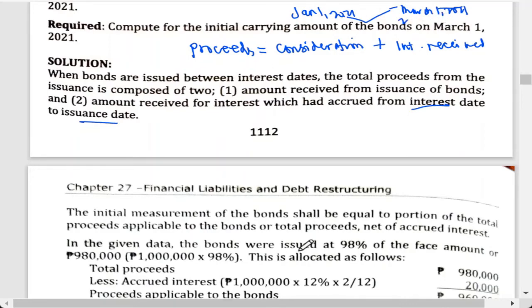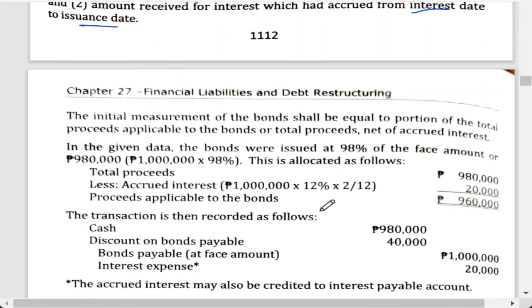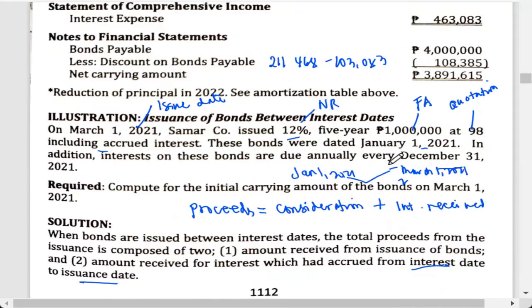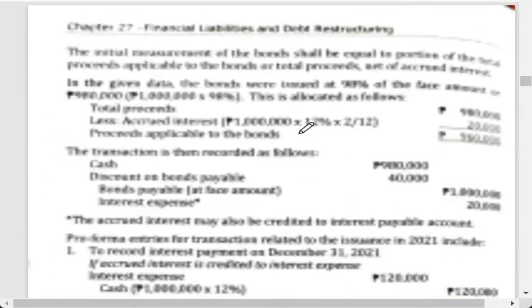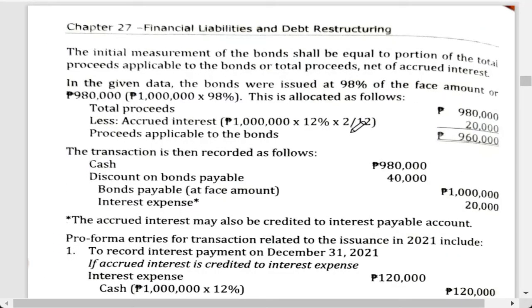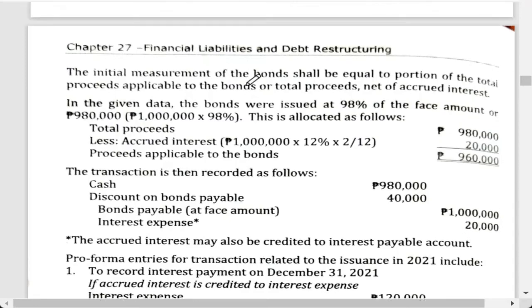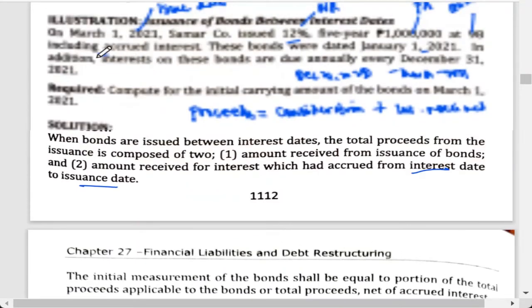So that's why the amount here, let's go back to the data: 1 million times 12% times 2 over 12 because the interest is on a yearly basis. So that's 20,000. The proceeds here again is inclusive of the accrued interest.